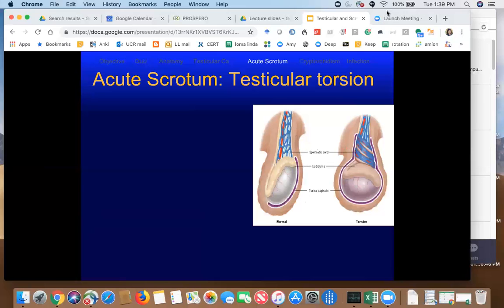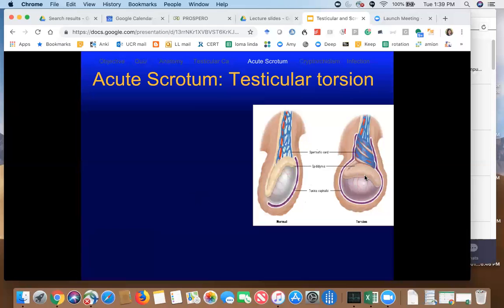In contrast, in patients with bell clapper deformity, it's a little more rotated so that the axis of the testicle is not up and down. It's not 90 degrees, it's closer to 180 degrees. Not vertical. Yeah, exactly. And in some people, it's just a congenital variation, and that increases the risk of this rotation.